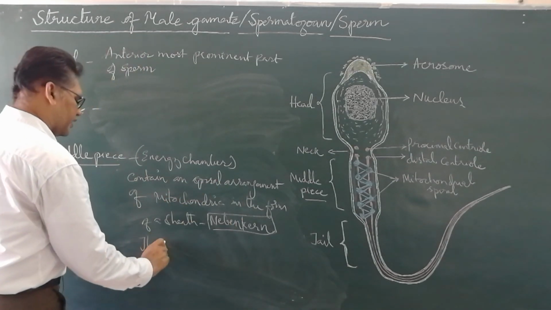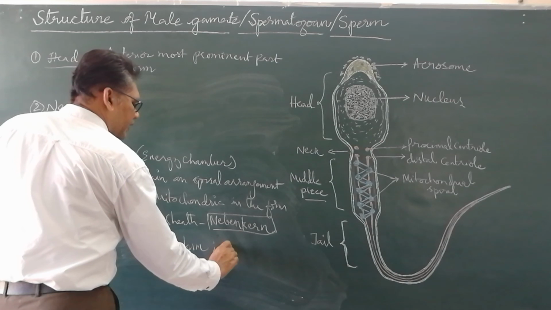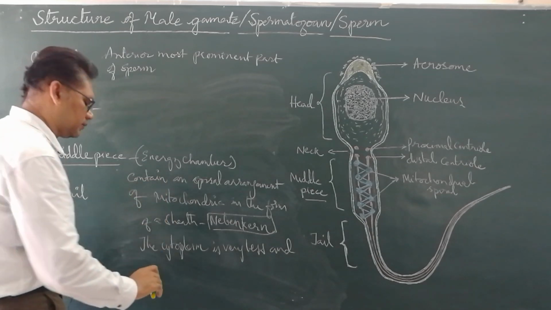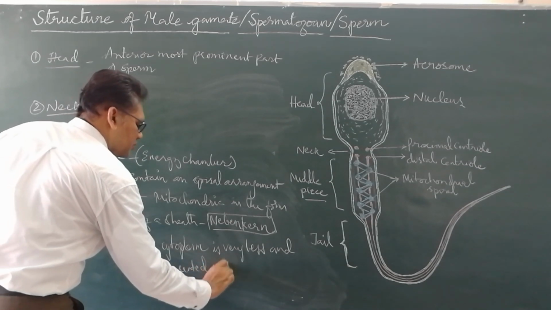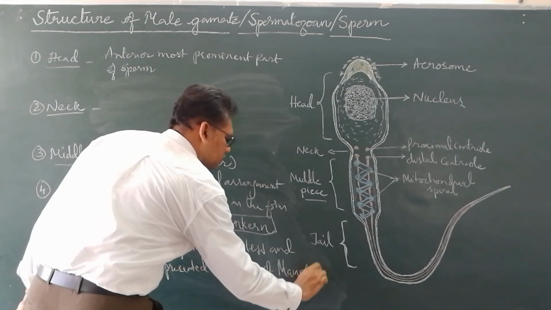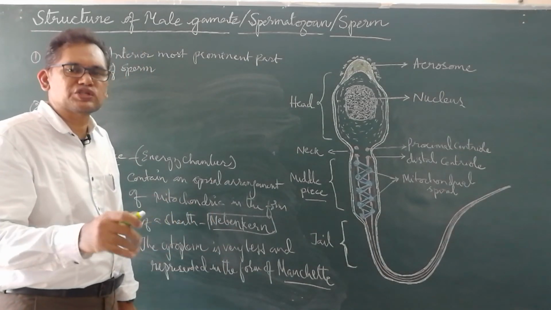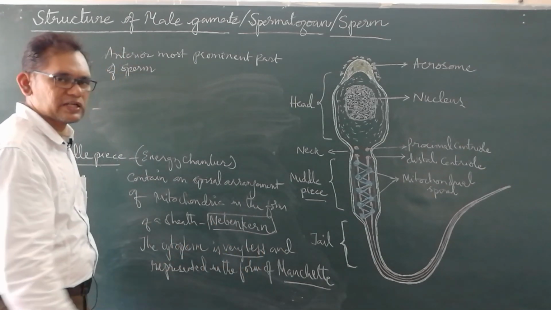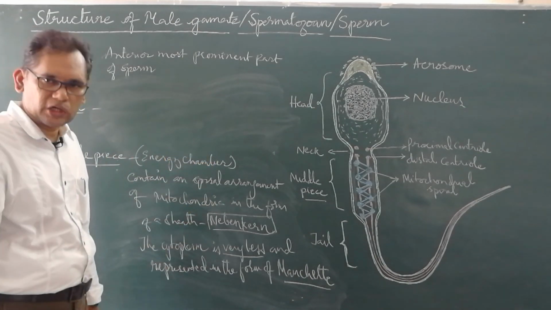The cytoplasm is very little and is represented in the form of the manchette, which is not clear. Hence the cytoplasm is very little, whereas the mitochondrial sheath is called the Nebenkern. This is considered the energy chamber.